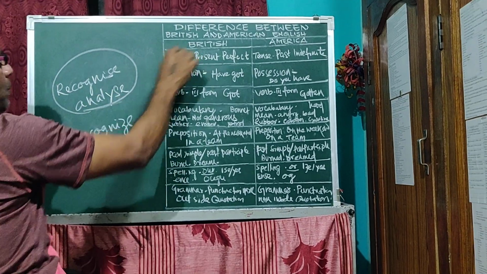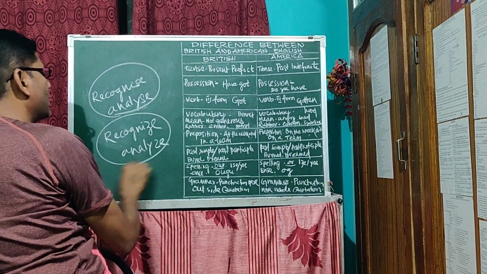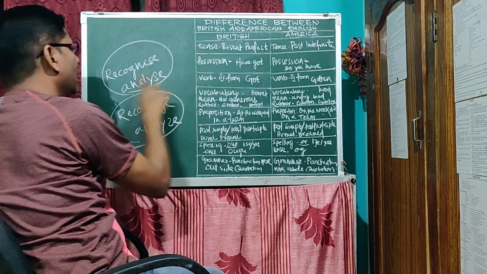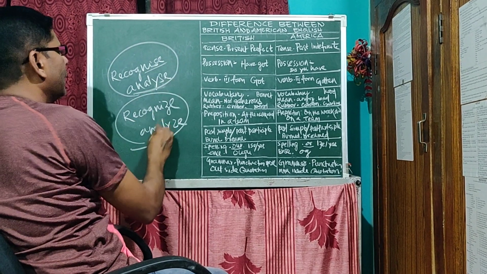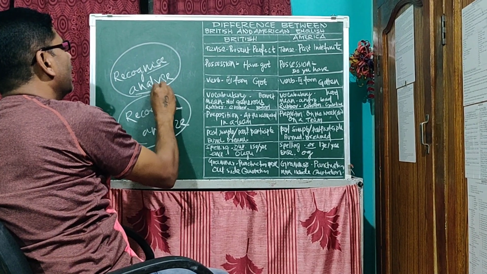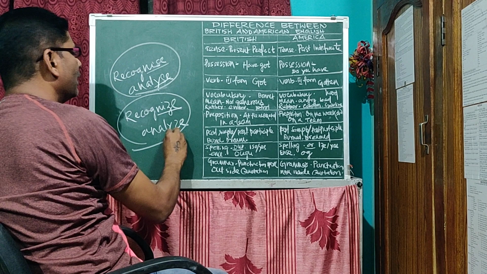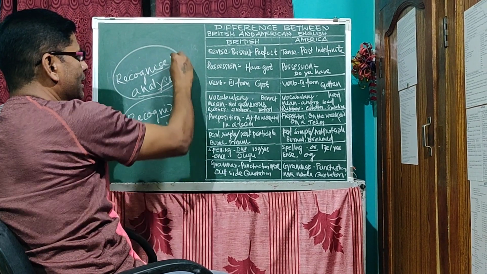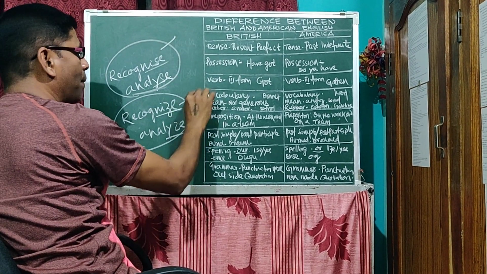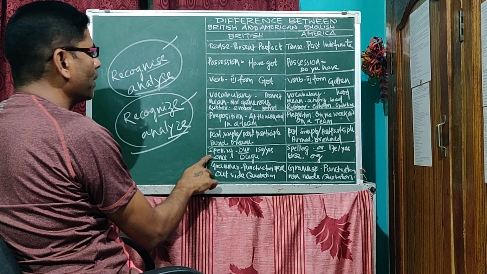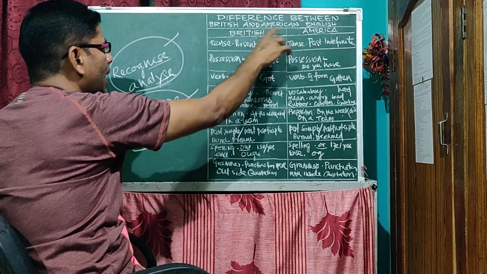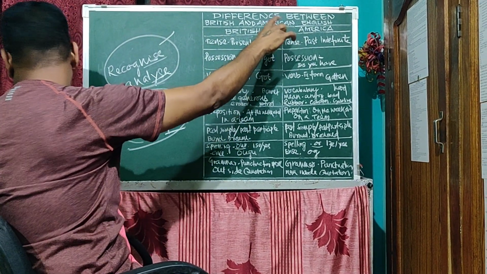These two words are used in British English and these two words are used in American English. Here I-S-E, I-Z-E; Y-S-E, Y-Z-E. This is British English and this is American English. This is the spelling difference between British English and American English.